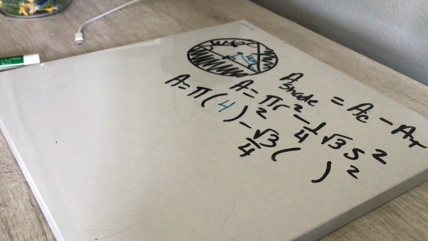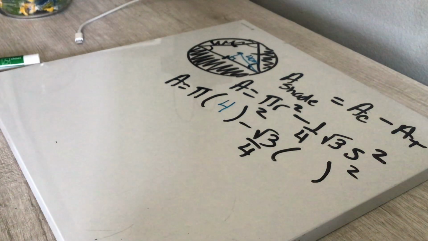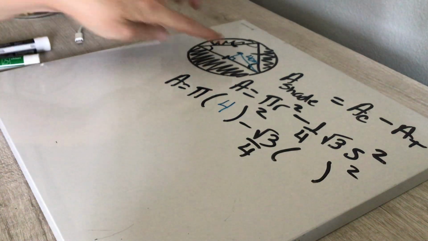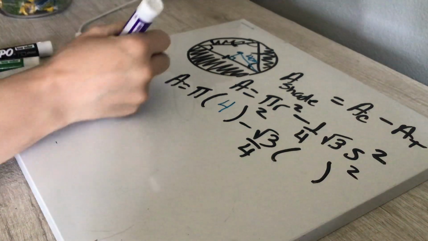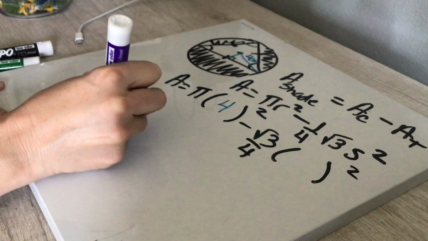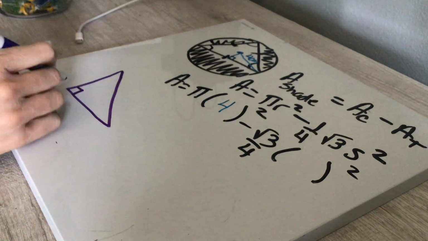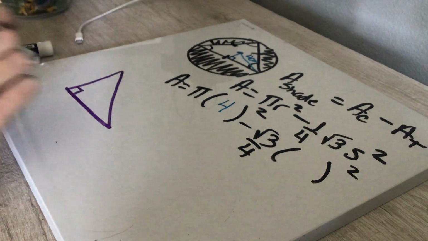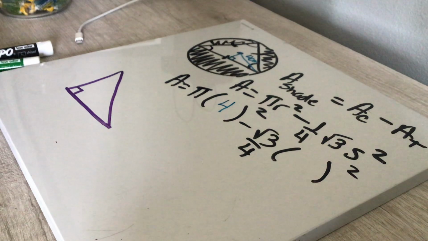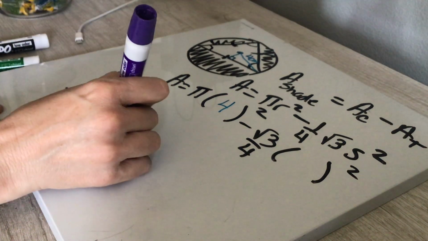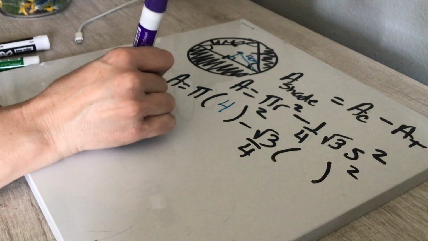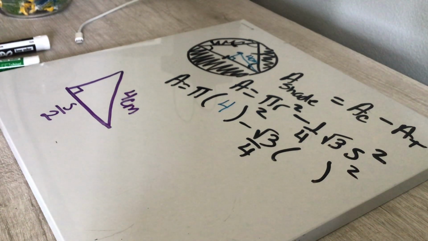We don't know the side of the triangle right off the top of our head, because we just know the radius. But we can look at that triangle and say, okay, it's a right triangle. This side is half the side of our triangle. So this is our side of the triangle divided by 2. We know this is the hypotenuse and it's 4 centimeters.